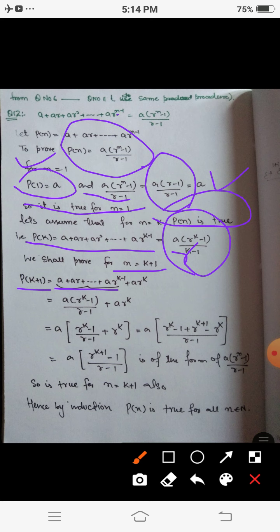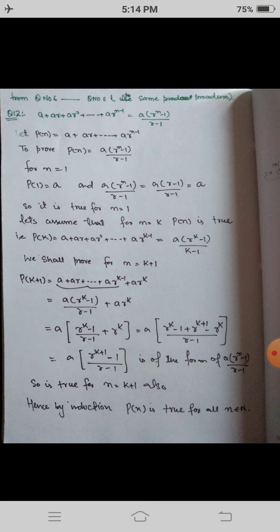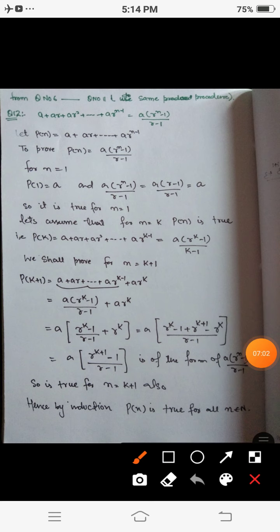Because up to n terms we have r raised to power n - 1, for k + 1 terms the last term should be ar^k, one less than the given number. Now by assumption it is true for n equals k, so the sum of the first k terms is a(r^k - 1)/(r - 1).